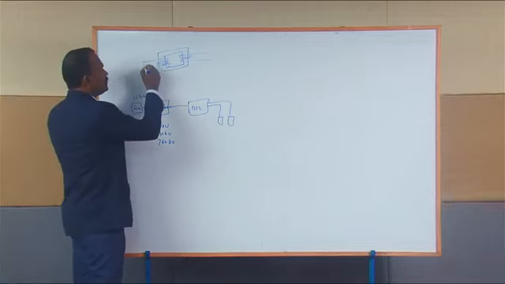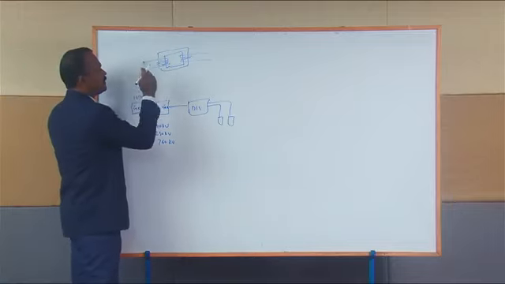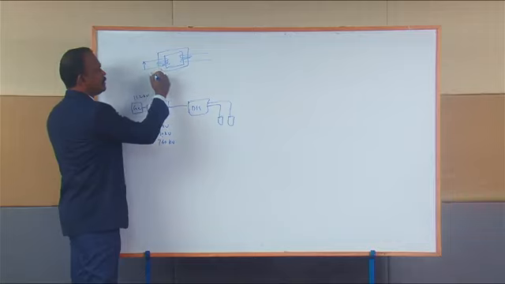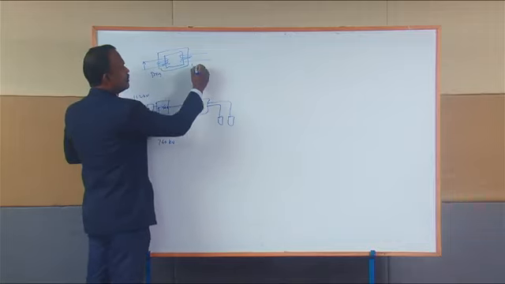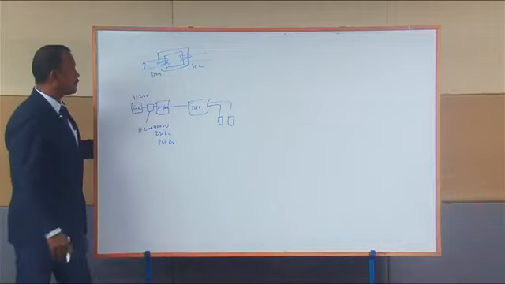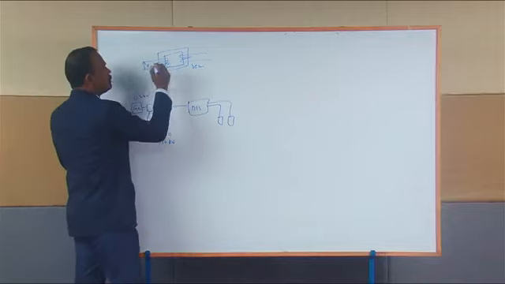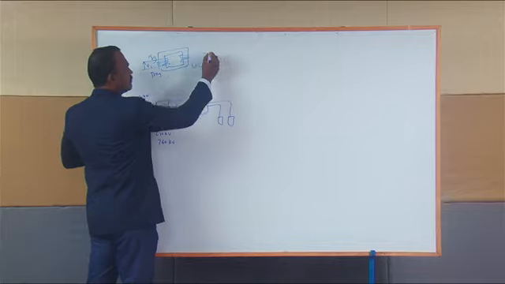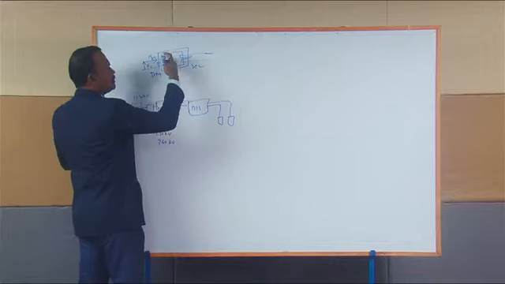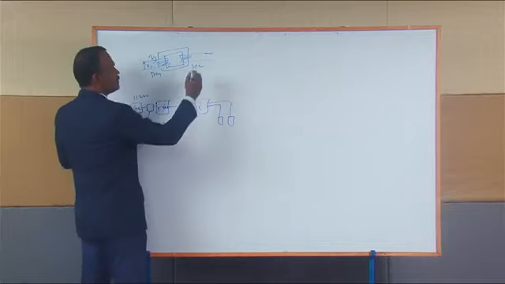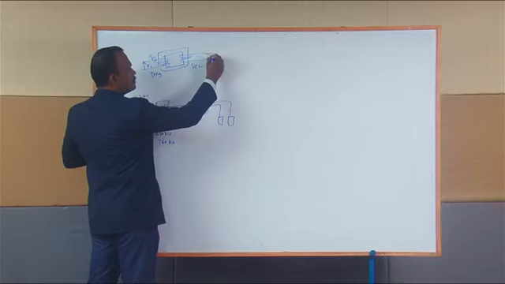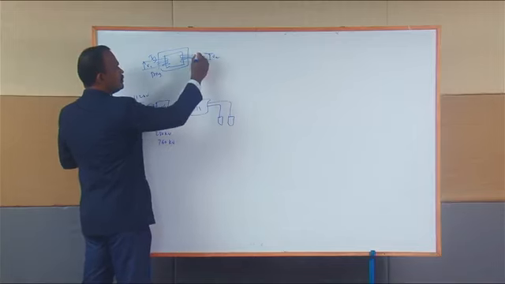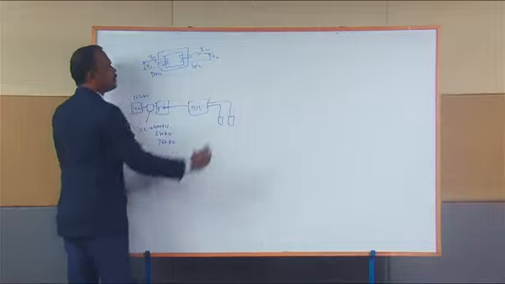When you apply the voltage at one end, the primary winding, the voltage is V1 and the current is I1. This induces a voltage in the secondary winding, V2, and the current is I2.